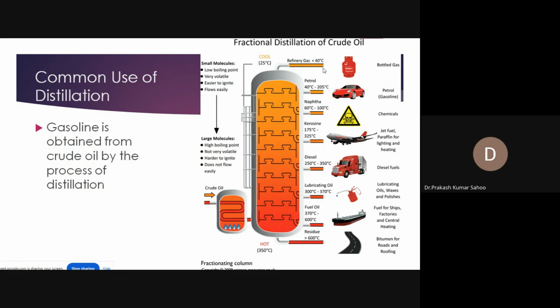All these components are present in crude oil that is collected from the earth's crust or from the sea or ocean. These crude oils undergo fractional distillation. Fractional distillation means separation depending on their boiling point.